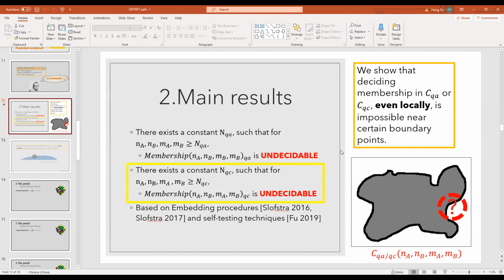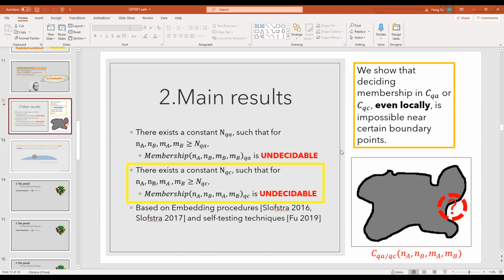And that's the logic we have. And by around, do you mean with some fixed distance? Yeah, we mean for any positive distance from this limit point, no matter how small the distance is, you cannot decide the membership.